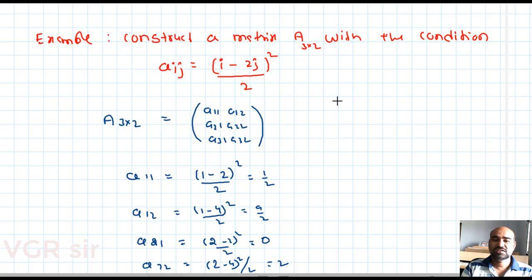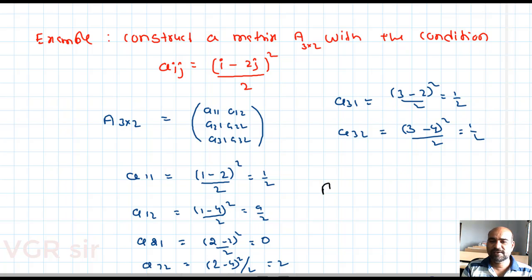Okay students, next A31. I is 3, j is 1. So (3 minus 2) whole square by 2, that is equal to 1 by 2. Next A32: i equal to 3, j equal to 2. (3 minus 4) whole square by 2, that is also equal to 1 by 2. Now I can complete the required matrix.